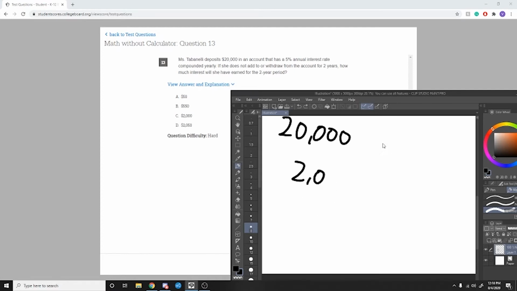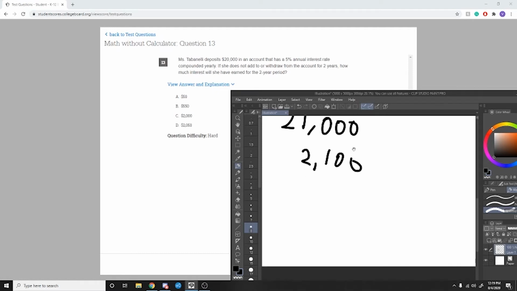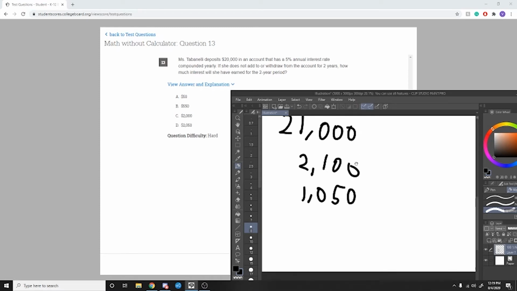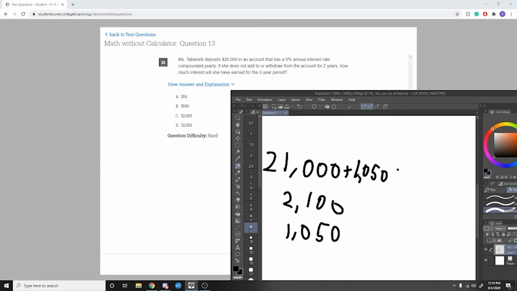So now we know after the first year, she should have $21,000. For the second year, we could apply the same thing. If you don't know what 5% of 21,000 is, you should know 10%, which is 2,100, and then just divide that by 2. 1,050. 21,000 plus that should equal 22,050.